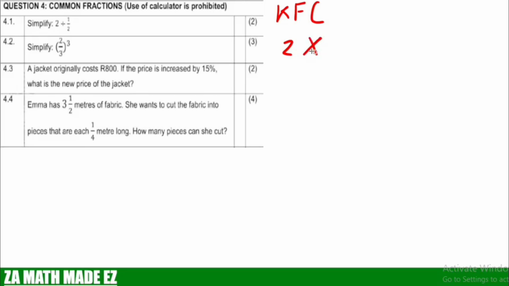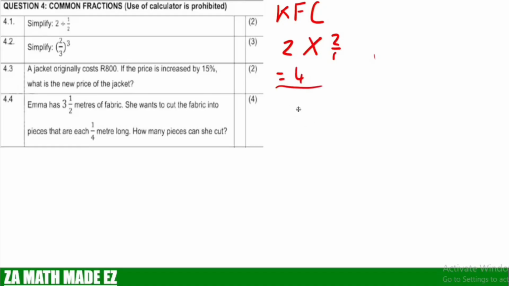But if you do that, you must swap the sides over. So this is a half over here. We must swap this over, and then it becomes 2 over 1. Make the numerator the denominator and the denominator the numerator. So 2 times 2 over 1. And the reason why we swapped it is because we are changing from division into multiplication. And this just becomes 4.